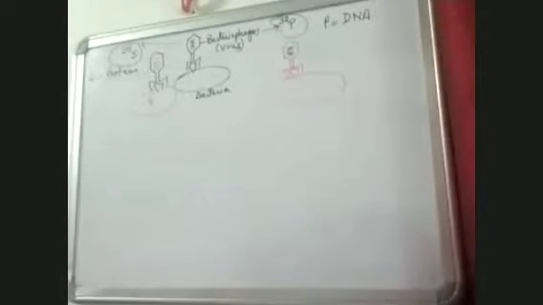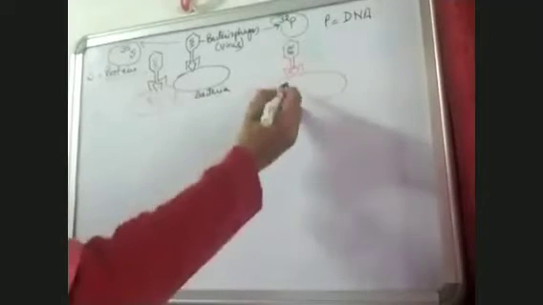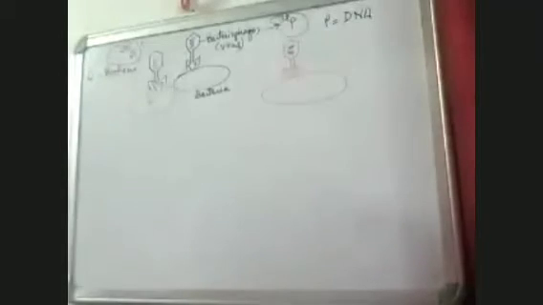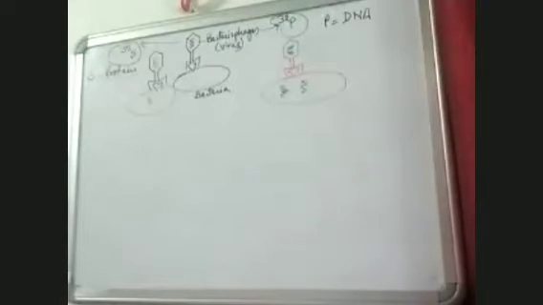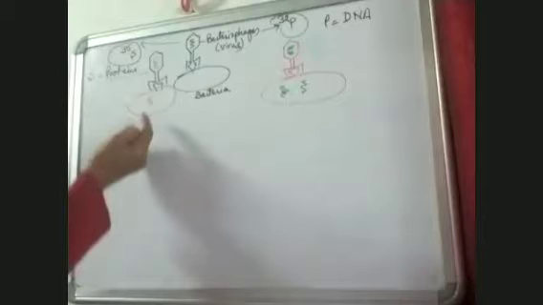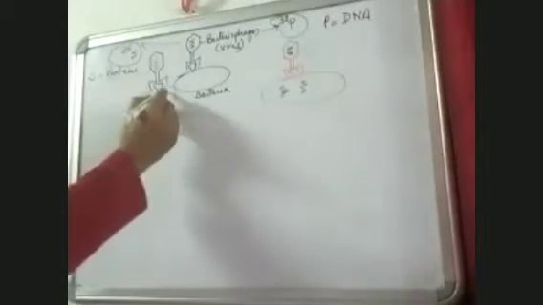But in the second case, the genetic material which goes in is labeled with P32. So this is labeled with P32 which has gone into the bacteria, whereas in this case it is the normal DNA which has gone in.